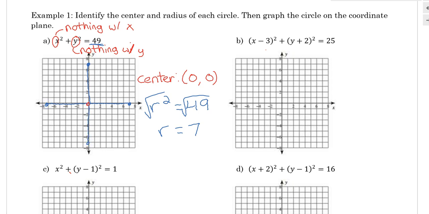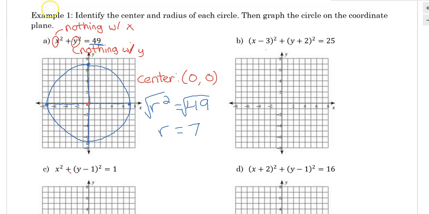So in each of the 4 directions. And then I'm just going to connect those dots on the outside with a lovely circle. A lot of us will end up drawing a diamond. It's okay as long as it's curved enough. Even mine isn't great, but you will get better at drawing circles as we go along.